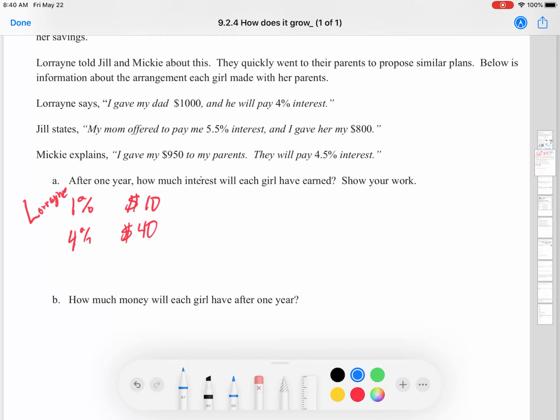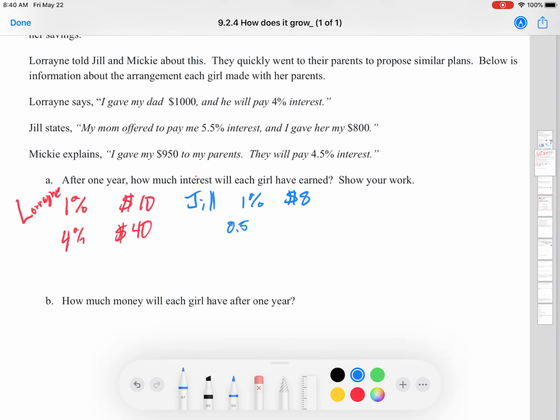Now let's choose blue. Blue is Jill. My mom offered to pay me 5.5% interest, and I gave her my $800. Well, let's do that 1% again. 1% is $8, right? Now I'm also going to figure out 0.5%, and 0.5% is 1/2 of 1%, so that's going to be $4.